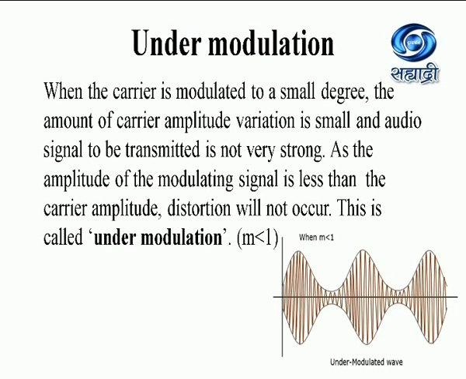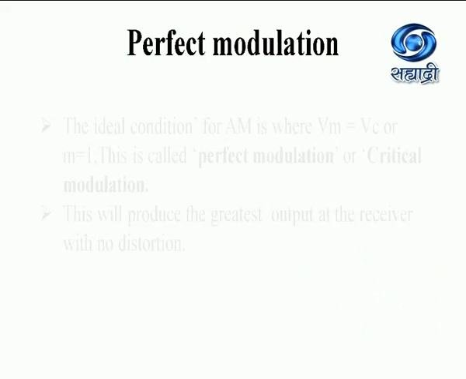In this type of modulation, the amplitude of the modulating signal is less than the amplitude of the carrier signal. That's why the modulation index is less than 1, Vm is less than Vc. So there is no distortion, and we can use this type of modulation in practical.